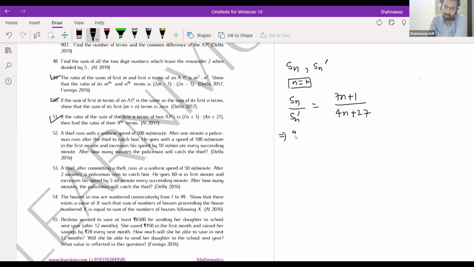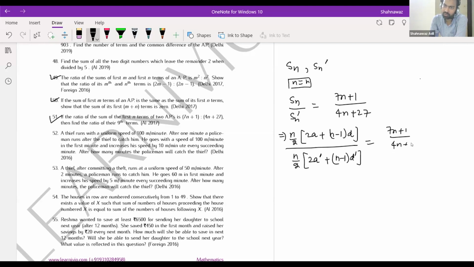So this would be n by 2 into (2a plus (n minus 1) into d), and the other one is n by 2 into (2a prime plus (n minus 1) into d prime), since it has different first terms. And this is 7n plus 1 over 4n plus 27.